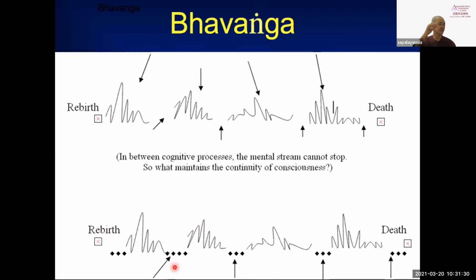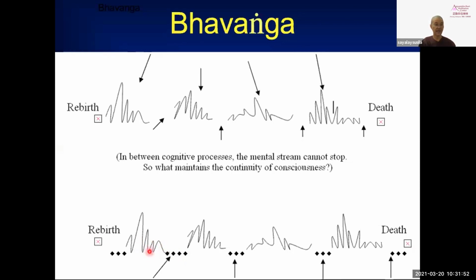Here you can see the dot is very quiet, unlike the cognitive process, which is very active. After active, the mind falls into quiet. Therefore, bhavanga is the passive phase of consciousness.